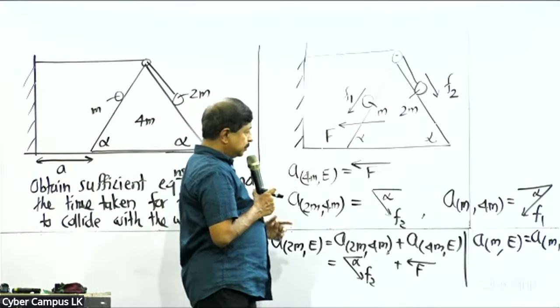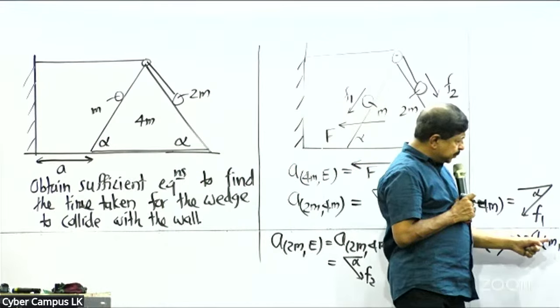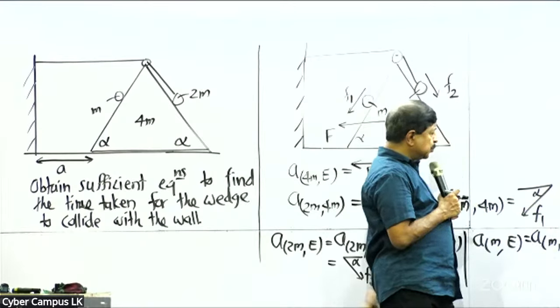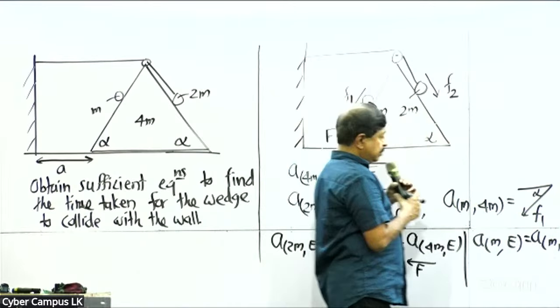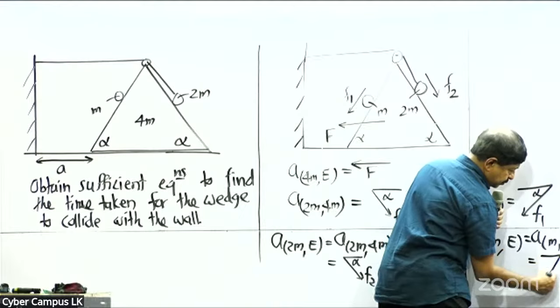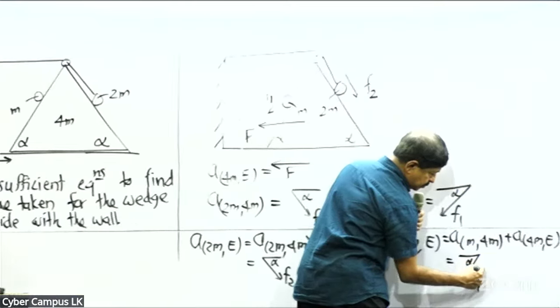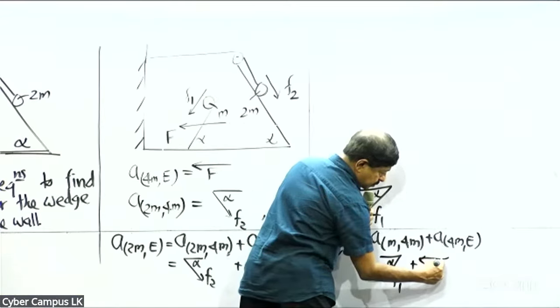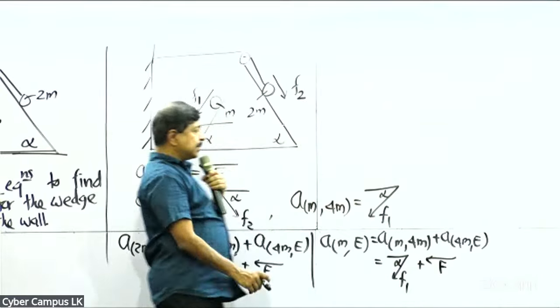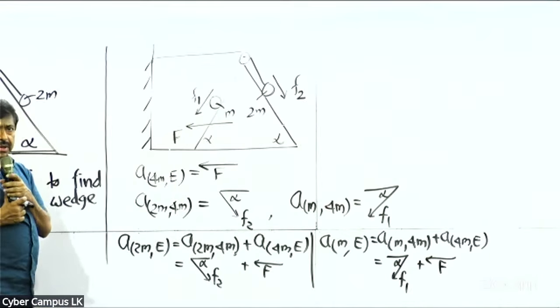Now, the acceleration of m relative to 4m is this. That is capital F. Now we are done with that part.